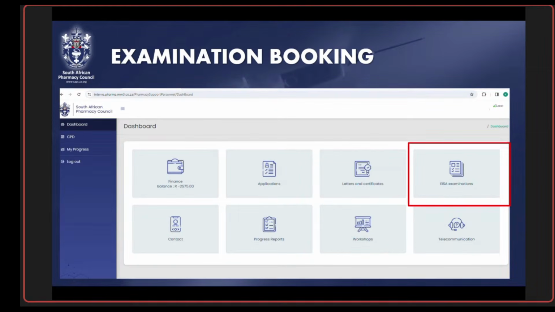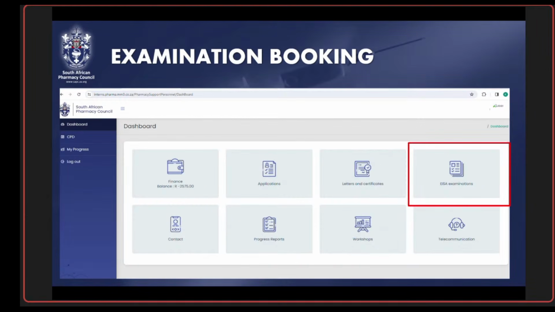So in terms of how the booking is done, we will share once the bookings open. The office and I will share communication for everyone to book. So you will have to go online on the SAPC website. You do not respond to the communication or send email to the unit. You have to go online and book yourself.